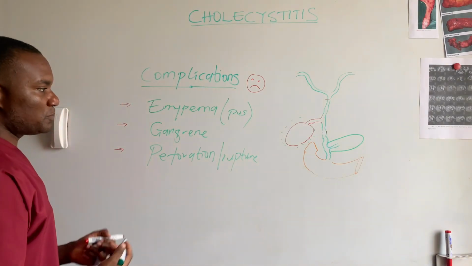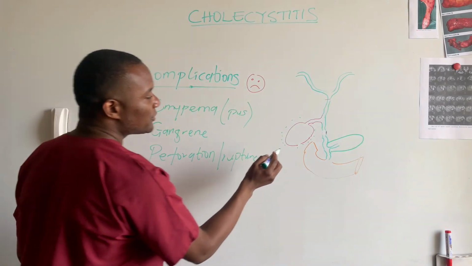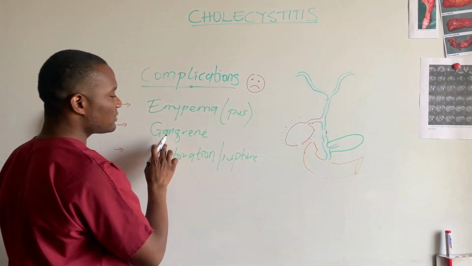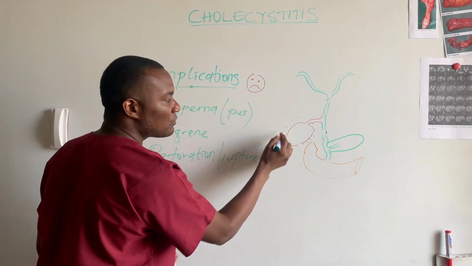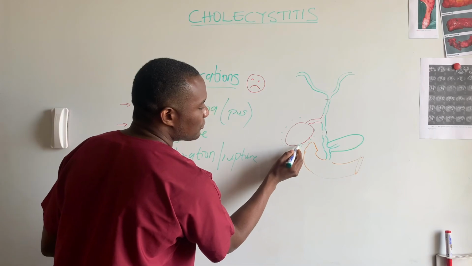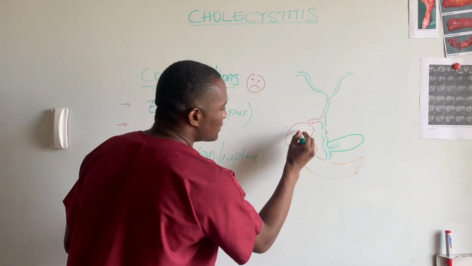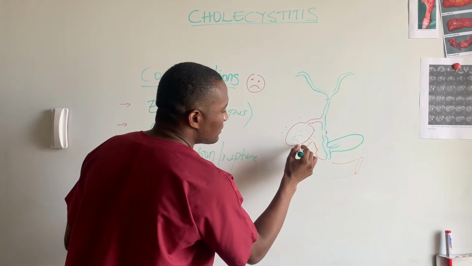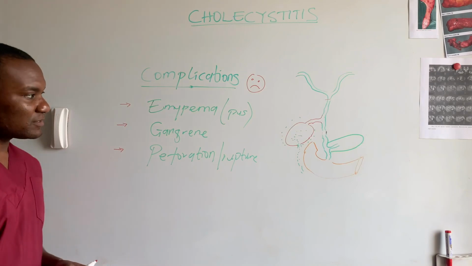What does this mean? If the patient is unlucky and this inflammation continues and nothing is done, the build-up in pressure and the death of the viable gallbladder tissue will make the gallbladder wall weak and can lead to the perforation or rupture of this gallbladder. And what happens is that the contents will flow into the abdominal cavity.